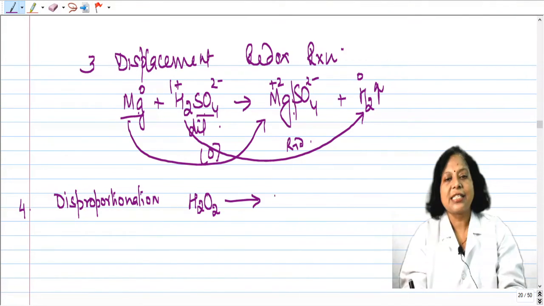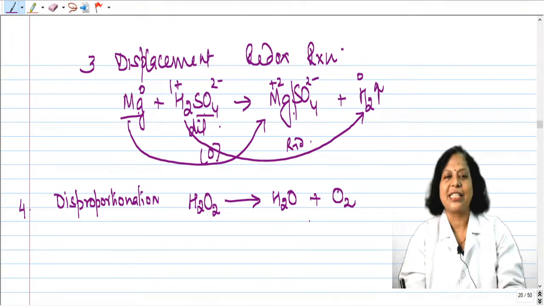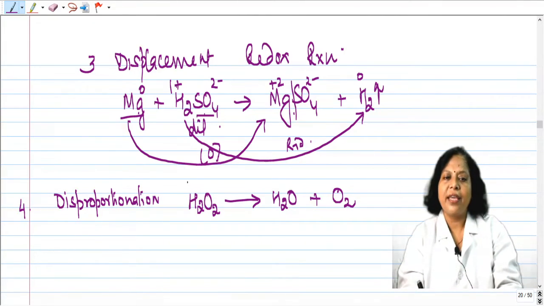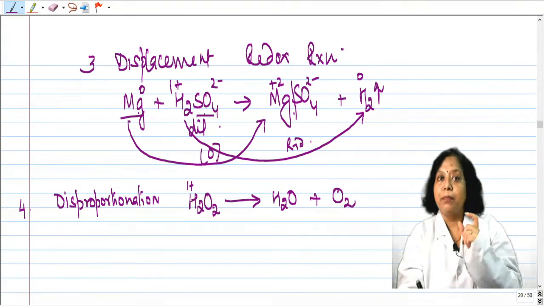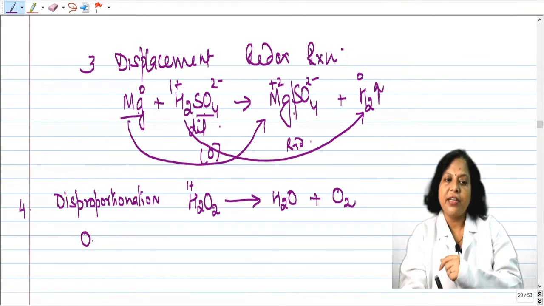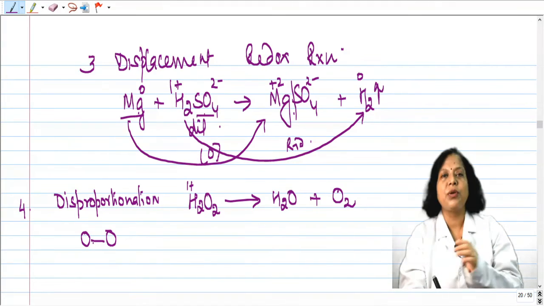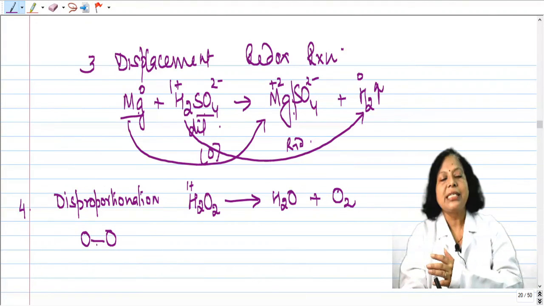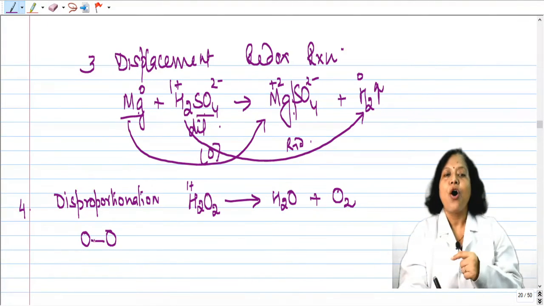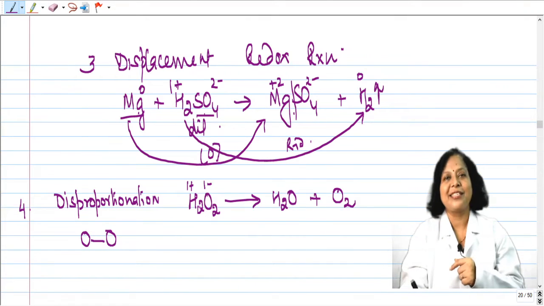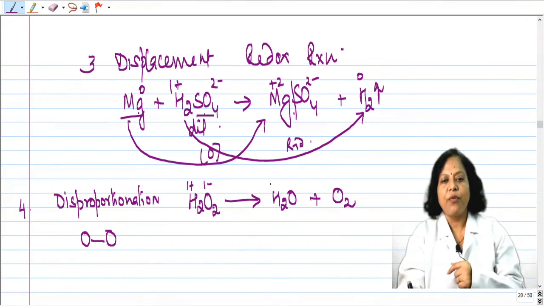Say this decomposes into water and oxygen. Over here hydrogen has one positive charge, and in peroxide, children remember, there is a single bond linkage between oxygen and oxygen, in that case oxygen always has -1 charge. So over here this is +1, here it is -2 and 0.